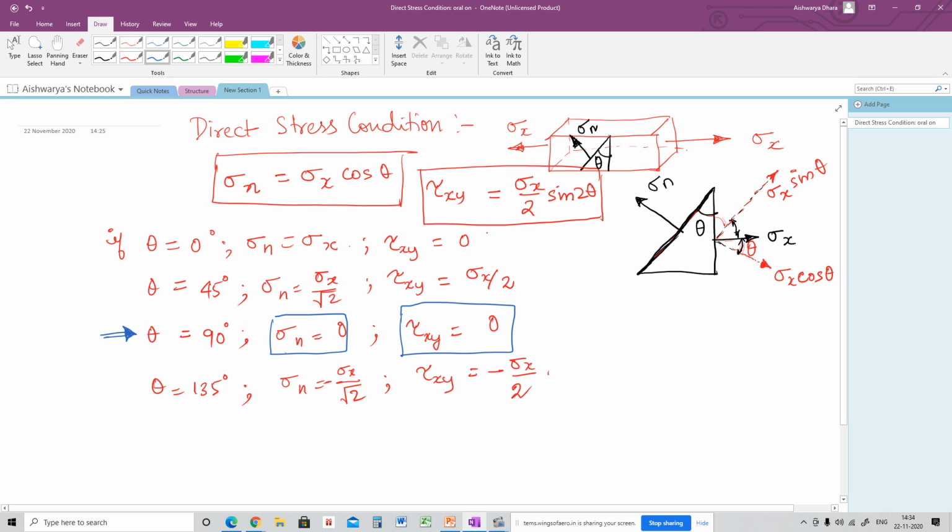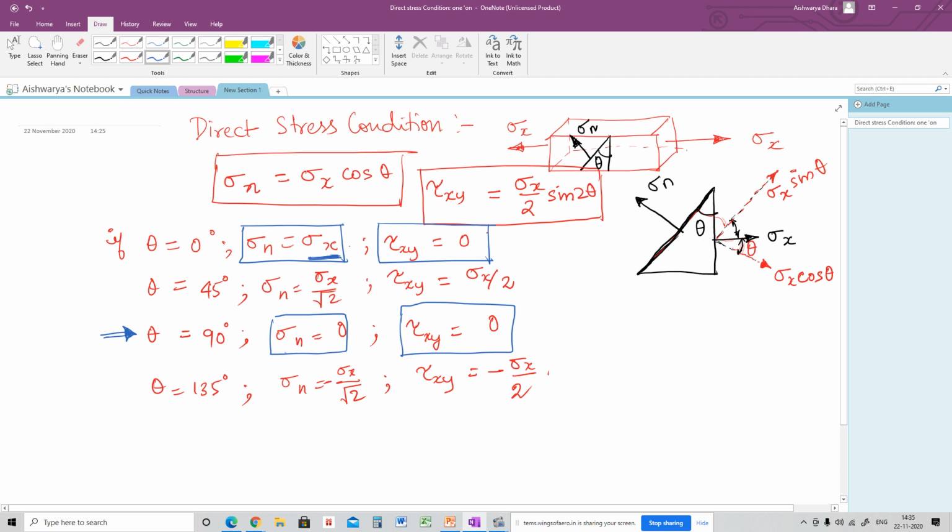Next is when the normal stress remains same as the unidirectional stress or the tensile stress. Whatever the stress, it can be tensile, it can be compressive. The normal stress remains same, but the shear stress will be 0.